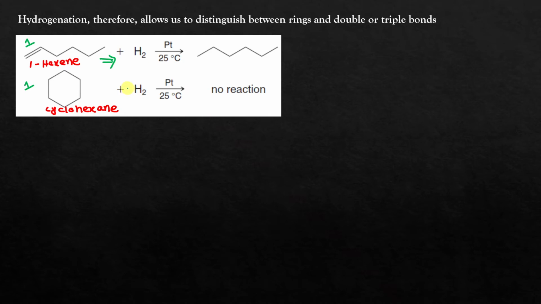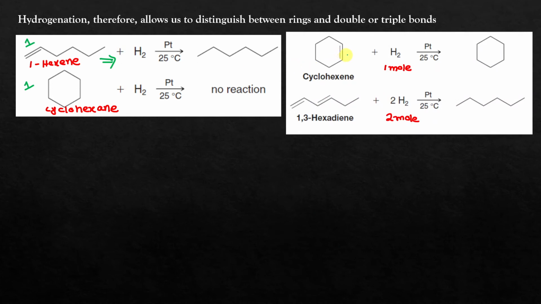So how could we distinguish between double and triple bonds? Let's see, this is a compound, cyclohexene, which has one double bond, and on the other hand, this is 1,3-hexadiene, so it has two double bonds. How could we distinguish between these two compounds? Simply by the hydrogenation reaction, because this compound will consume only 1 mole of hydrogen as it contains only one double bond.